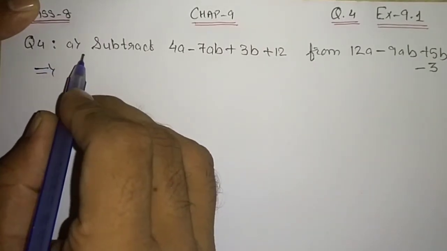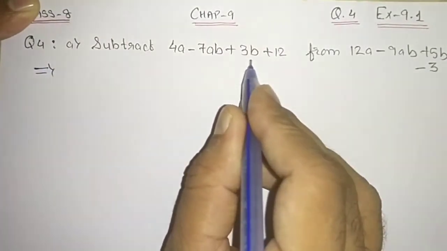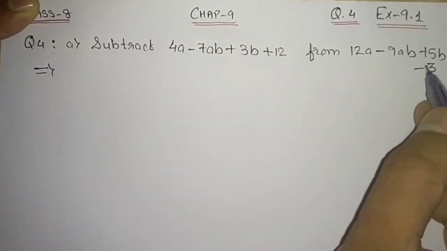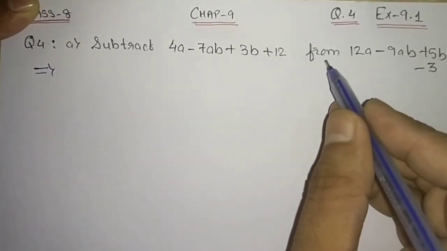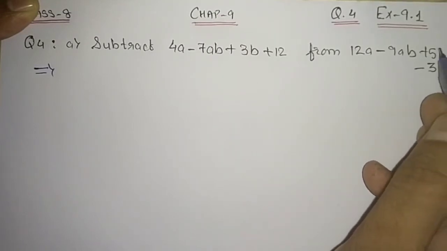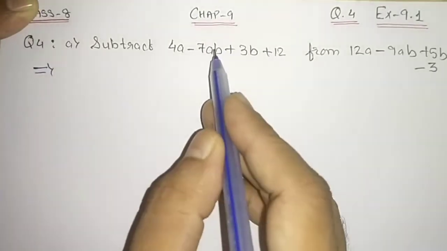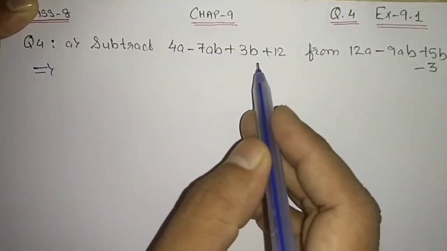Part A says subtract this algebraic expression from the other. If they have given from this, that means you are supposed to write this first and then minus this expression.